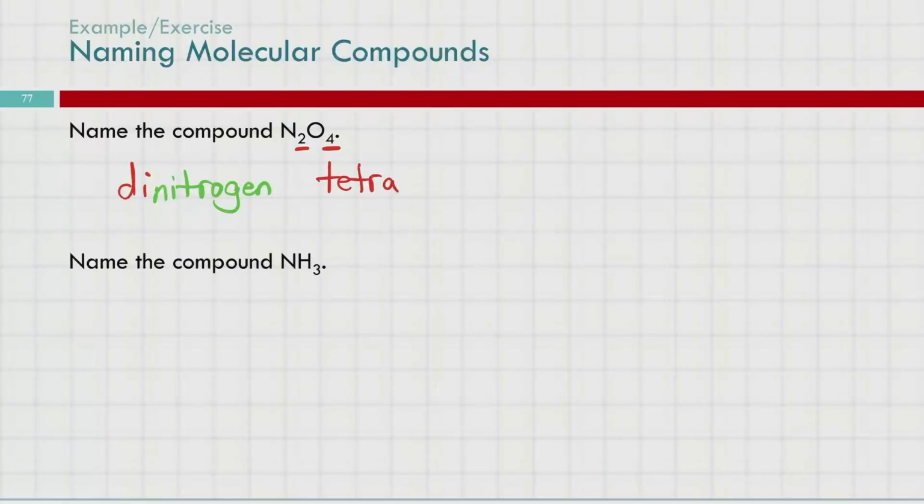The base for oxygen is ox. And we change the ending to IDE. Notice we've got 2 vowels in a row. So we're typically going to drop this A, or at least when we pronounce it, we drop the A. So this would be dinitrogen tetroxide. Again, not really important that you drop that A, just that's a convention thing.